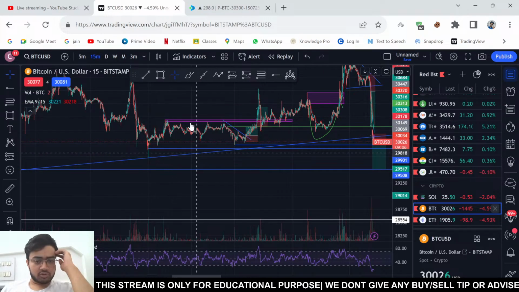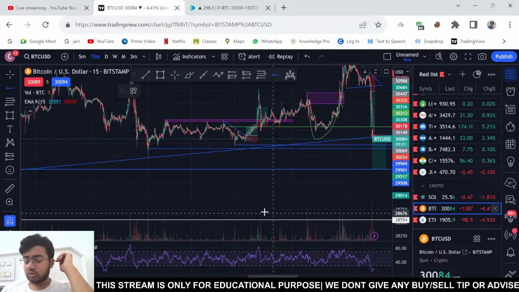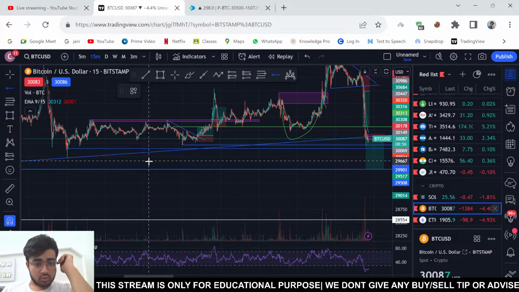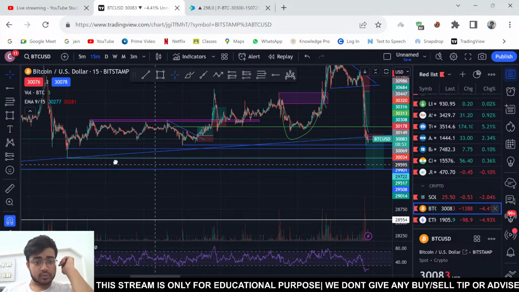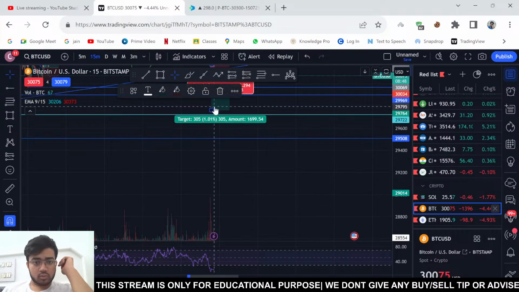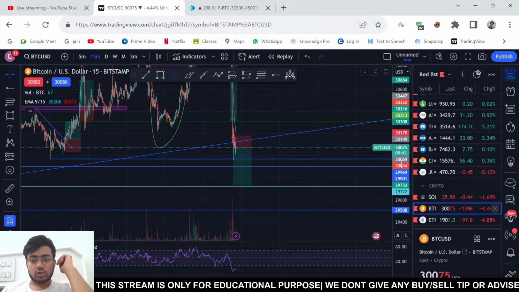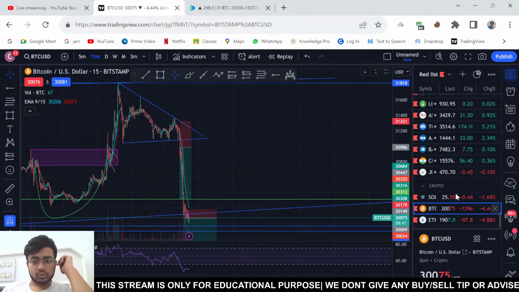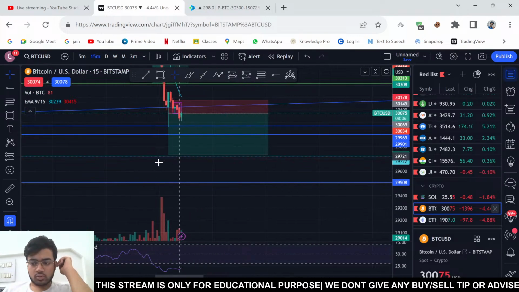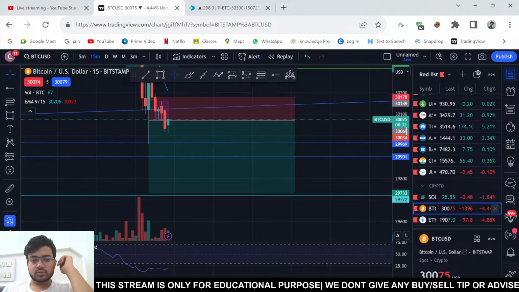So I cannot keep this naked position in this highly loss making environment. So this is going to be my take profit level for this position. And that's about where we're going to be exiting.